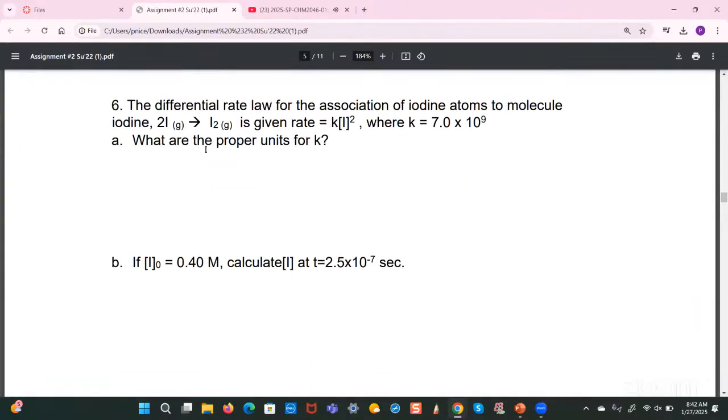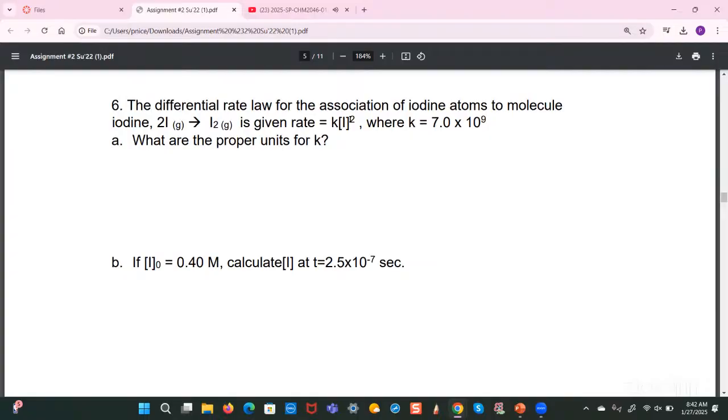So question number 6 gives you the rate law. This is the equation, and they gave you the rate law and the k value, right? Because the concentration of the reactant I is raised to the second power, it's a second order reaction. The first question is asking, what are the proper units of k?